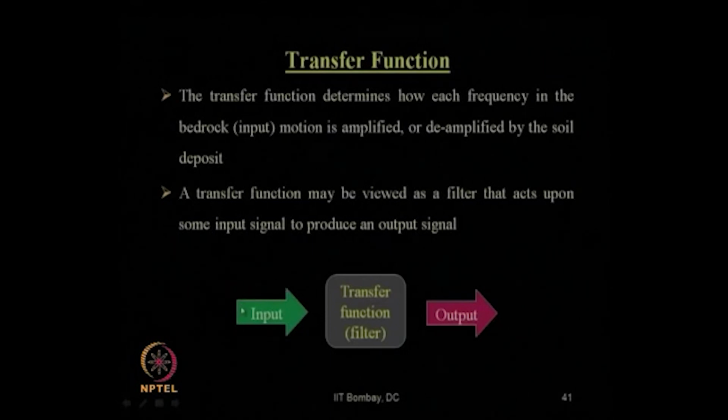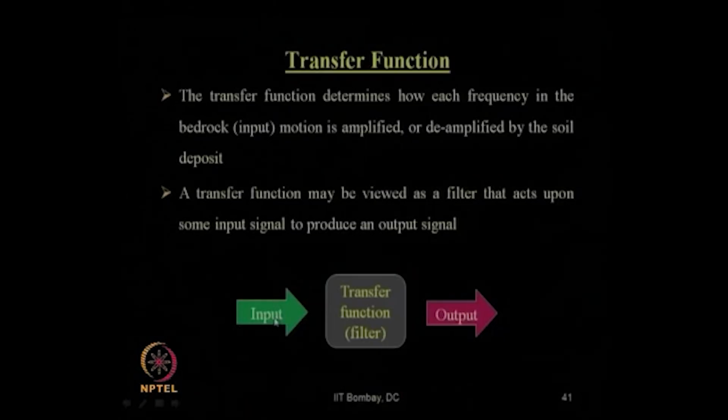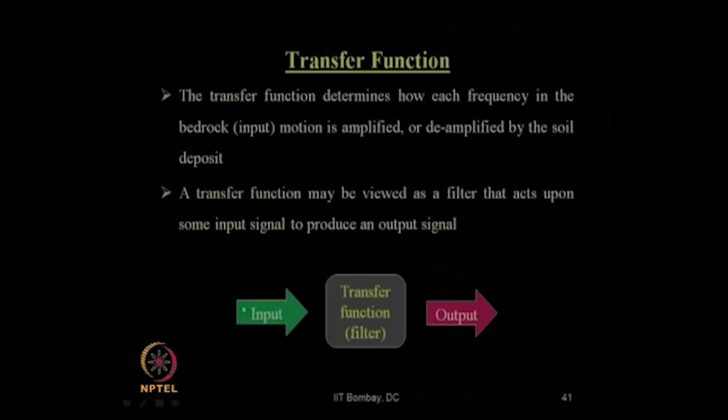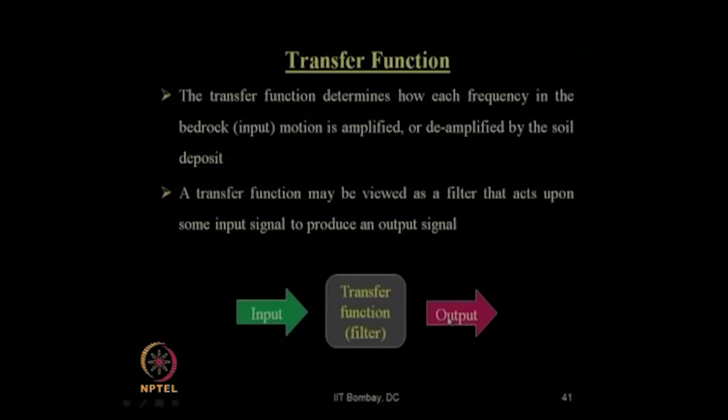That means you have an input motion, and by using this multiplier, transfer function or filter, you get an output motion. What should be your input data? Always the known one. It can be your bedrock motion, and using the transfer function you get the free surface motion.